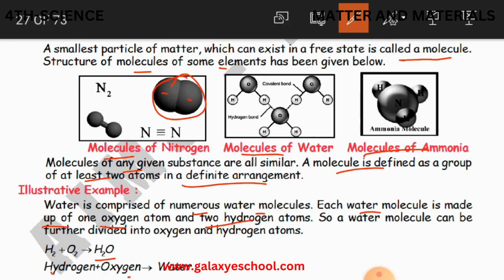That is why we call it H2O: two hydrogen atoms and one oxygen atom. A water molecule can be further divided into oxygen and hydrogen atoms. Clear?